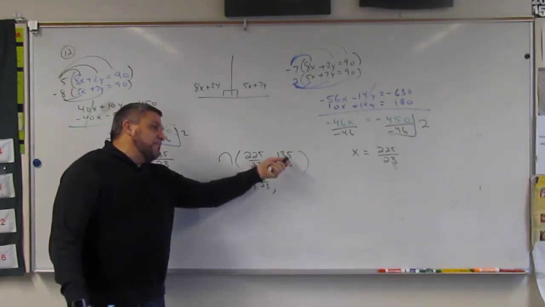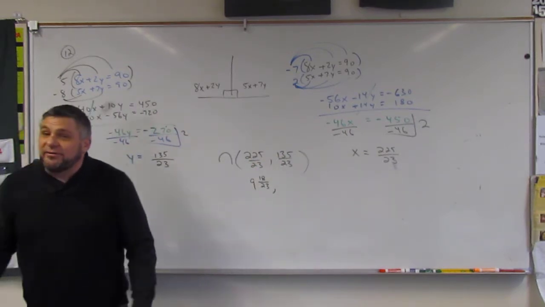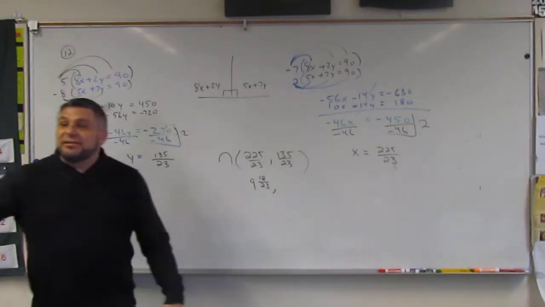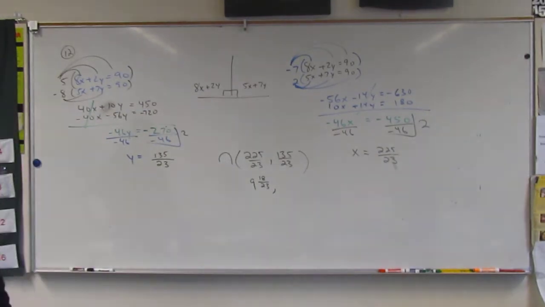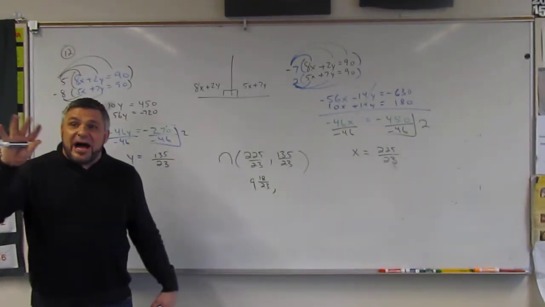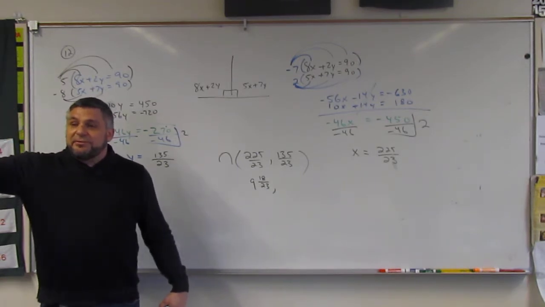I kind of look at it with the 225, but with the $1.35. So think about that. If I have 25 cents into $1.35, how many quarters go into $1.35? And again, you have 5 quarters, right? But you're missing 2 cents from every quarter.